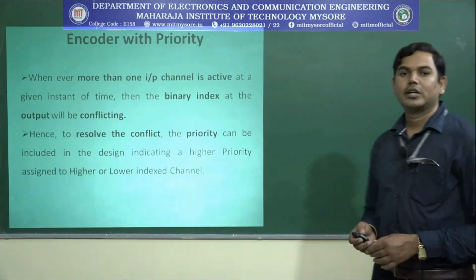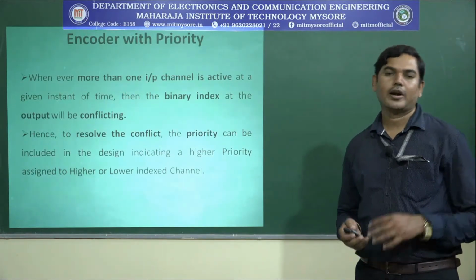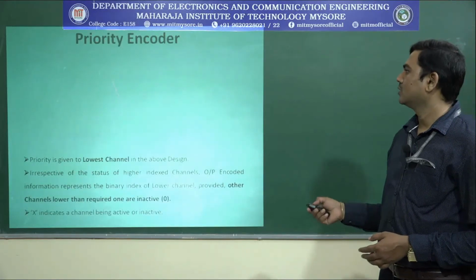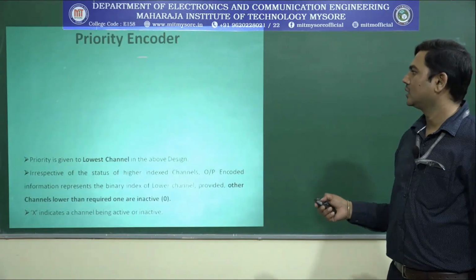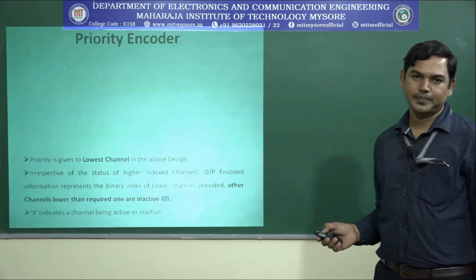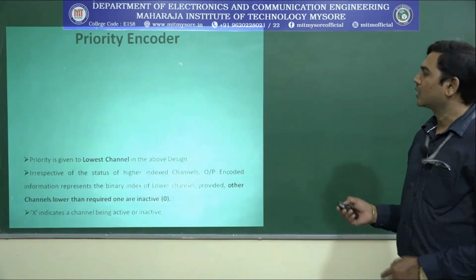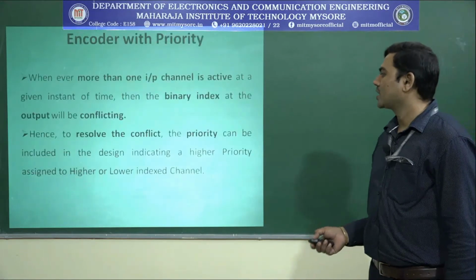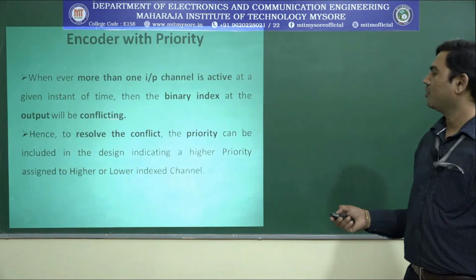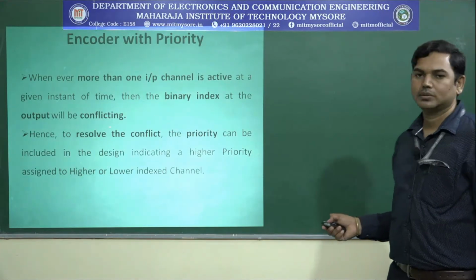In such a case, there will be a contradiction or a conflict. For that reason, we go with the idea known as the design of a priority encoder. In this design, we will try to represent a functional table in order to avoid this conflict at the output.